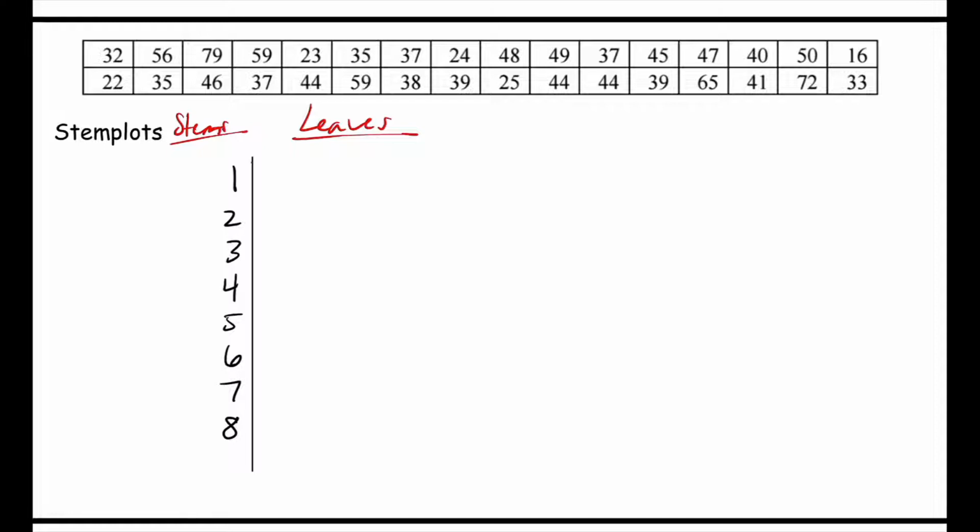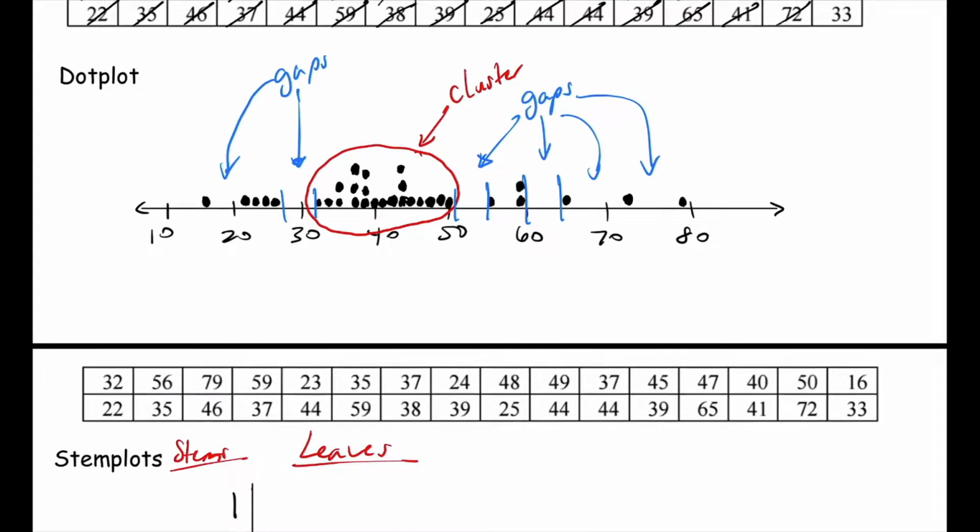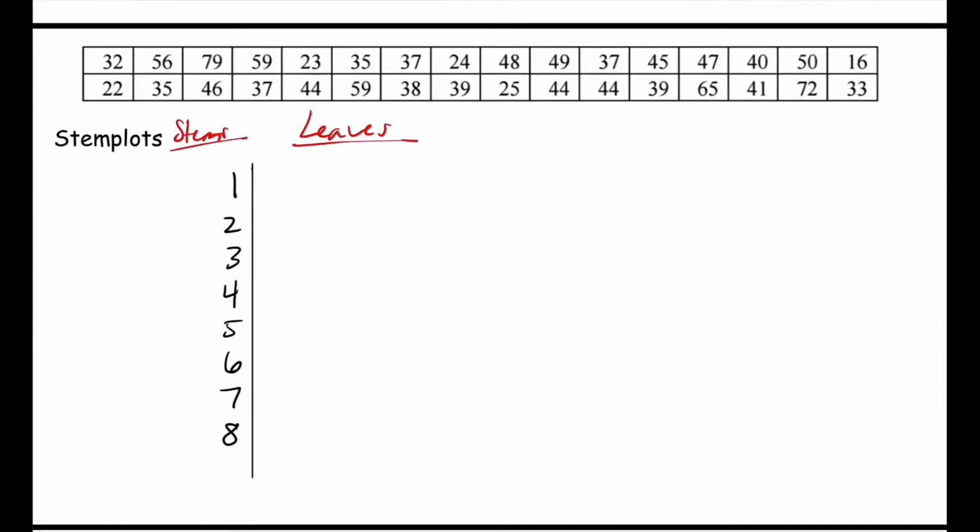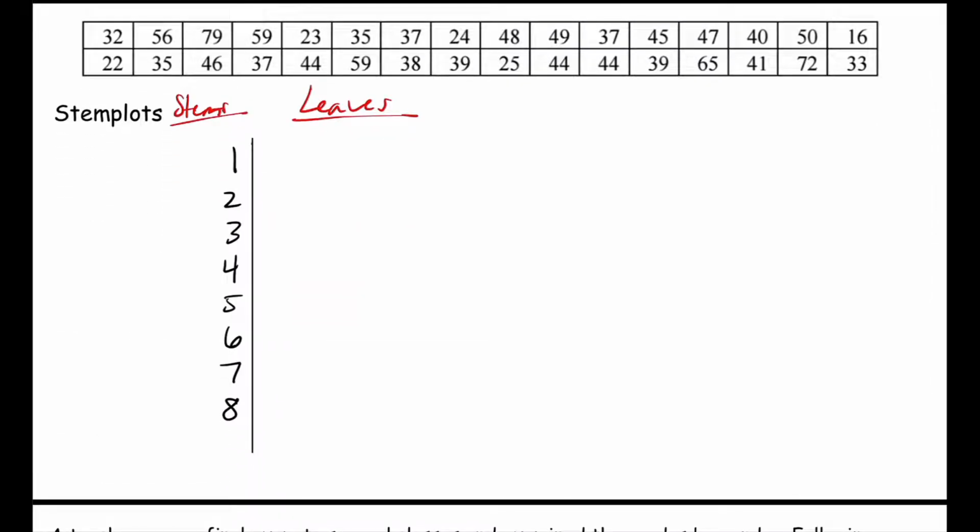So for example, our first number, the lowest dot, was 16, right? To represent that, instead of a dot, I'm going to write the number 16 here. So 1 and 6 make a 16. That represents one of those numbers.